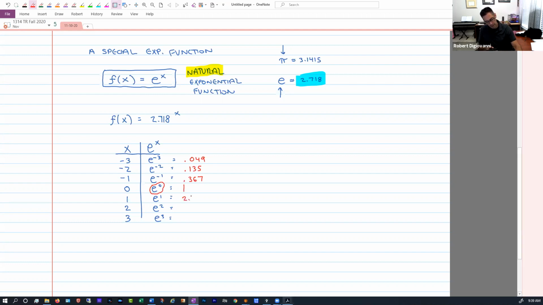We already kind of knew that. e squared would be 7.389. And then finally, e cubed would be 20.085.